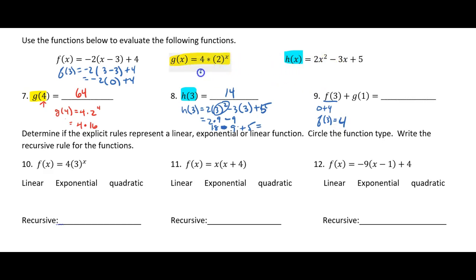Now g of 1 is 4 times 2 to the first power, which is going to give me 4 times 2, which is 8. So g of 1 is 8, and now what is 4 plus 8? That is 12. Okay?